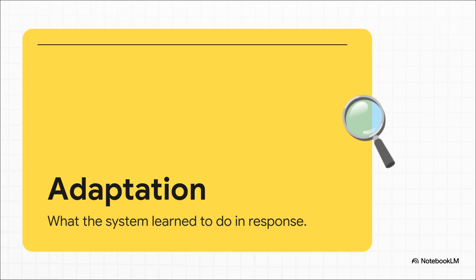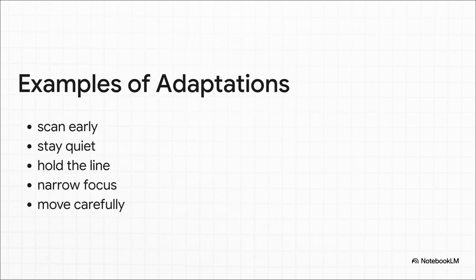This isn't just some random reaction, it's a functional, learned behavior that at some point served a really important protective purpose. So what does that look like in the real world? Well, an adaptation might be learning to scan your environment early for threats, or to stay really quiet in chaotic situations. It could be about holding the line under pressure, narrowing your focus down to a single point, or just moving very, very carefully when things feel off.